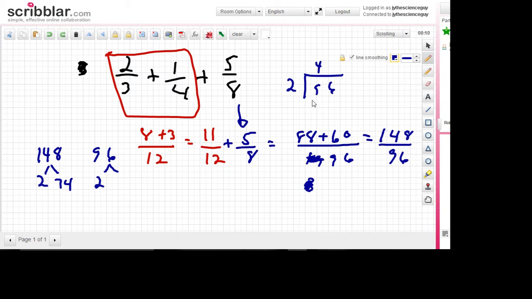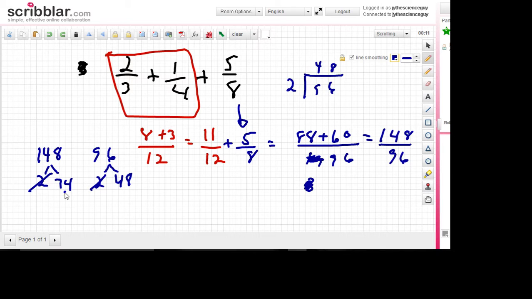What's 96 divided by 2? 96 divided by 2 equals 48. Okay, so that means that these two 2's are going to cancel because those are the ones they have in common. So my new fraction is going to be 74 over 48, right?